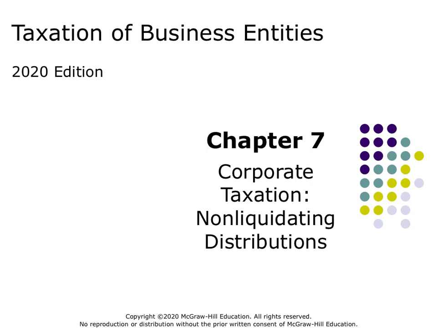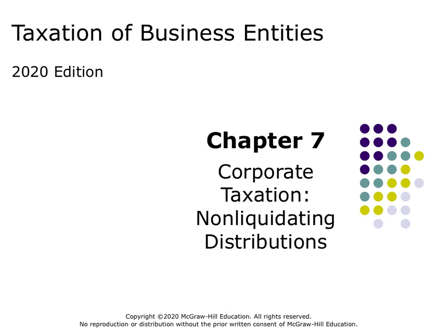All right, so here we are with Chapter 7, and Chapter 7 continues our discussion of the taxation of corporations. And when we say corporations, we're talking about C corporations specifically, okay? It's also important to note that in Chapter 7, we're constraining what we do to the topics in this PowerPoint, in the practice problems, and in the homework.